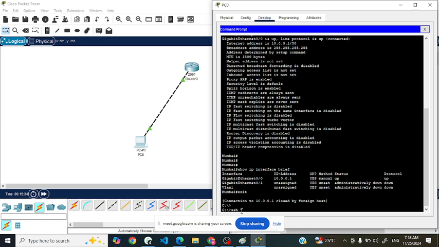SSH space dash L, followed by the username, then the IP address.